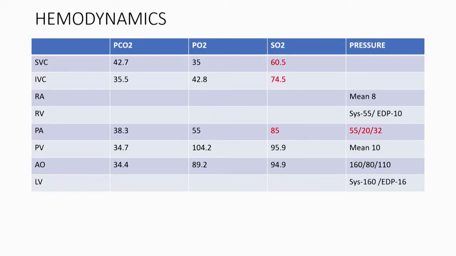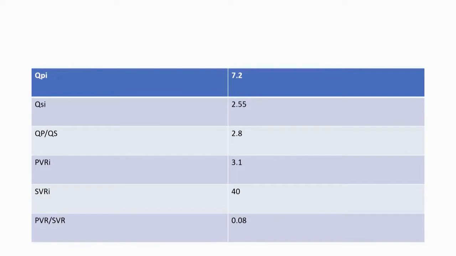His RA mean is 8 millimeters of mercury, RV systolic is 55 and end-diastolic is 10 millimeters of mercury, PA pressures are 55/20 with mean of 32, PV mean is 10 millimeters of mercury, aorta is 160/80 with mean of 110, and his QP is 7.2, QP indexed, QS indexed is 2.55, QP/QS is 2.8, PVRI is 3.1, SVRI is 40 and PVR/SVR ratio is 0.08. This makes him a suitable candidate for ASD device closure.